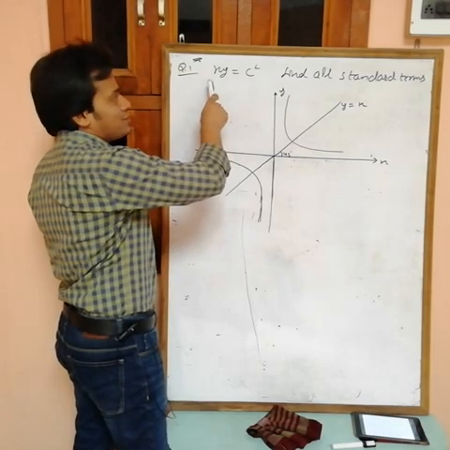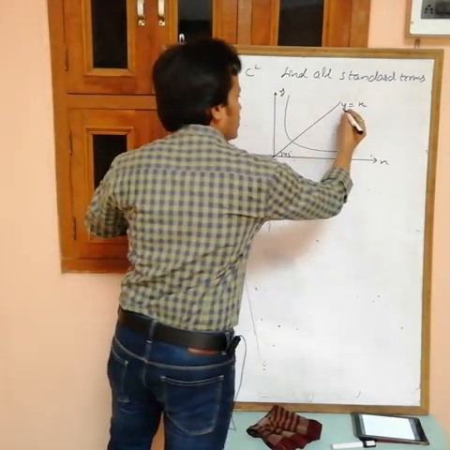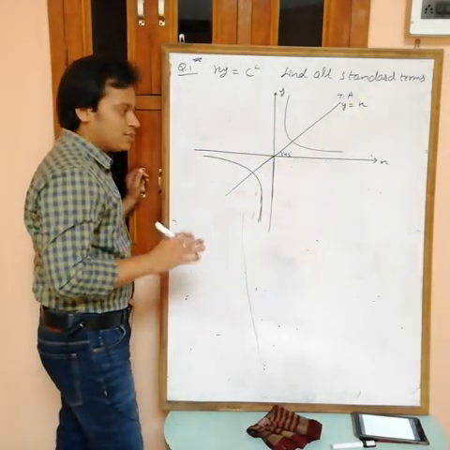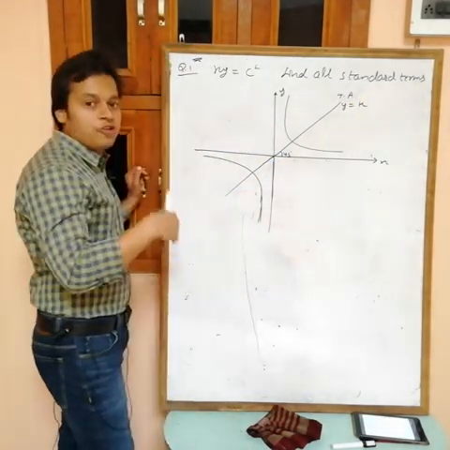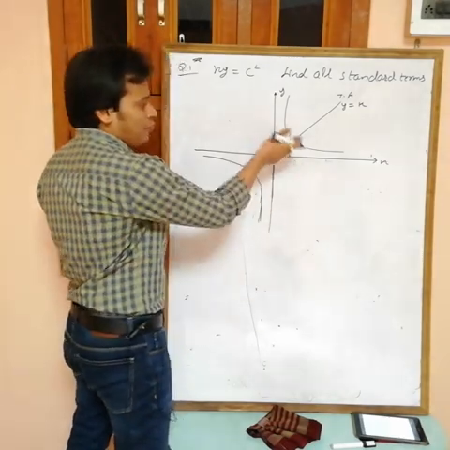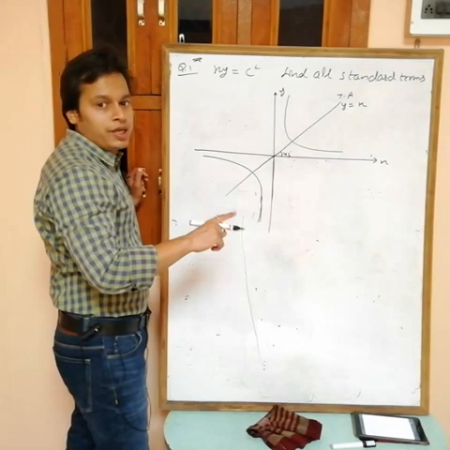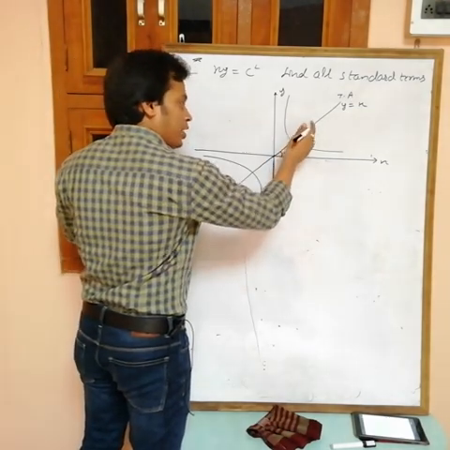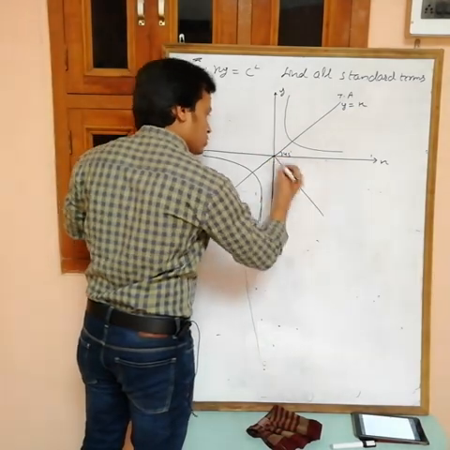It means for xy equals c square, the equation of the transverse axis is y equals x. And similarly, the conjugate axis passes through the center. Both asymptotes always intersect at the center of the hyperbola, so it passes through the center and is perpendicular to the transverse axis.